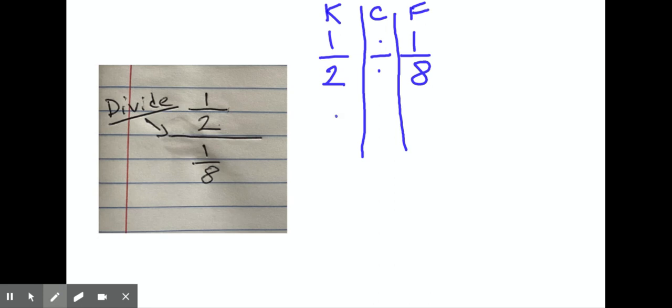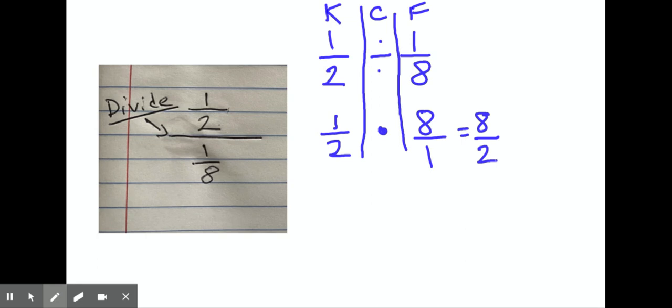So I'm going to keep 1/2. I'm going to change division to multiplication. I'm going to use a dot for my multiplication symbol. And I'm going to flip or multiply by the reciprocal. And the reciprocal of 1/8 is 8 over 1. Then I'm going to multiply straight across my numerators. 1 times 8 is 8. 2 times 1 is 2.